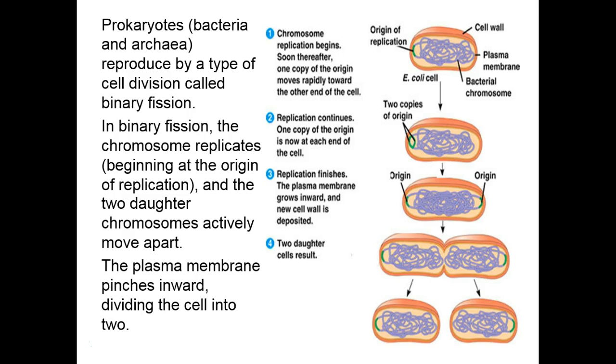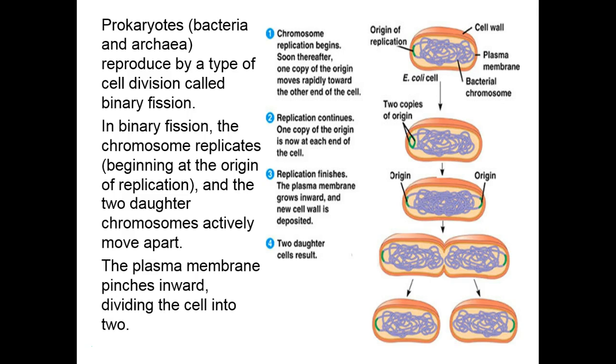We know that bacteria reproduce by binary fission, a type of cell division. And what happens is the DNA of the bacteria, although it's not as sophisticated or complex as ours, is still, I think your textbook talks about, if you take the DNA out of a bacteria and stretch it out, it's about 500 times longer than the bacteria. So it's still pretty complex.